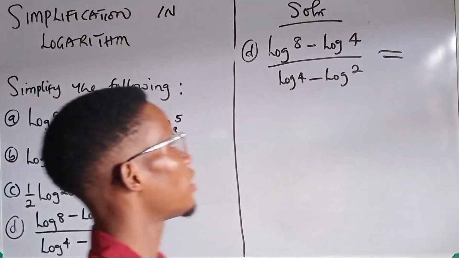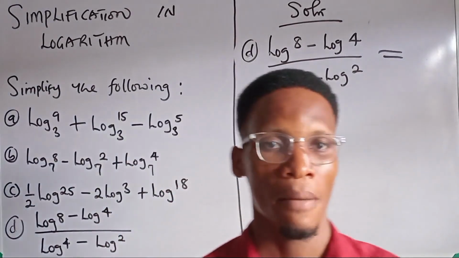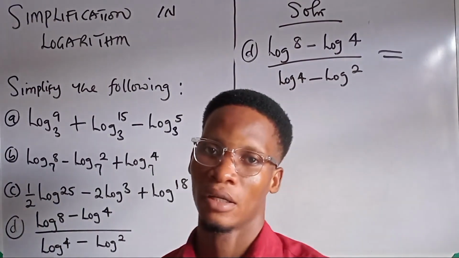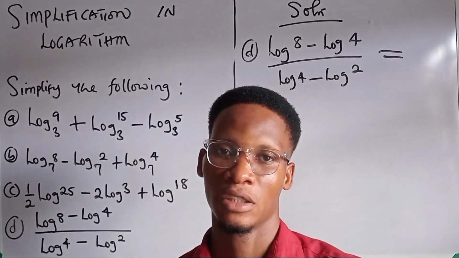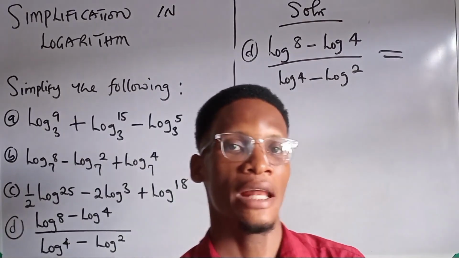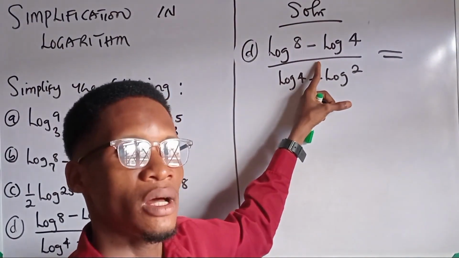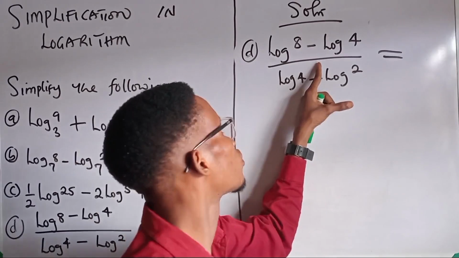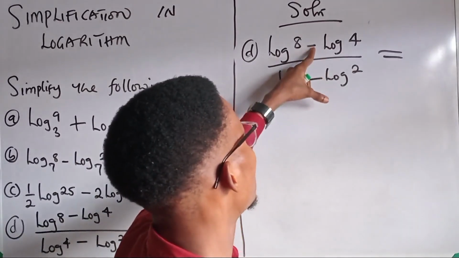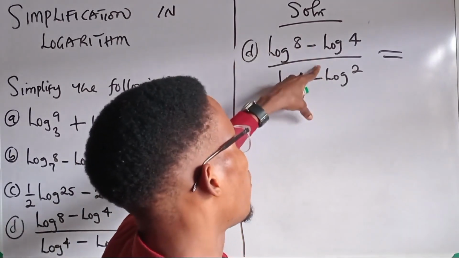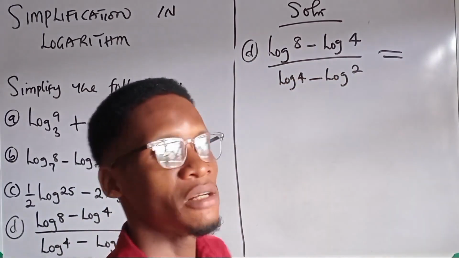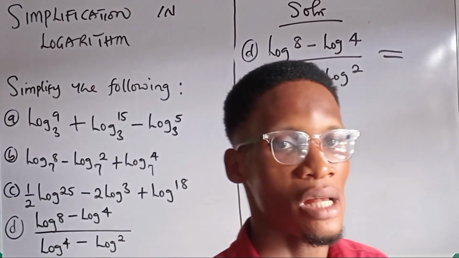So remember when I told you about minus changing to division, I didn't mean this division should change to minus. No, that's not how to solve it. So what I mean is that this minus is going to change to division, but this division sign here remains where it is. All right, that's how you solve.